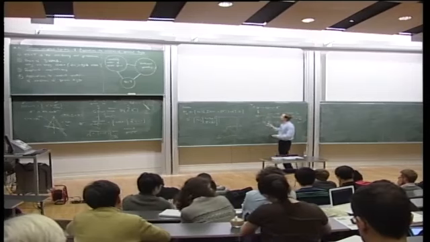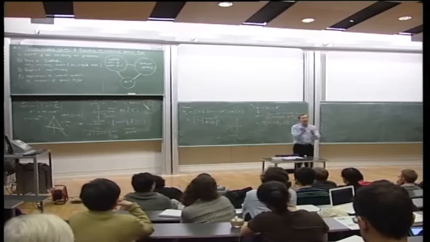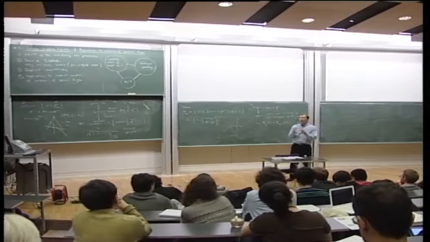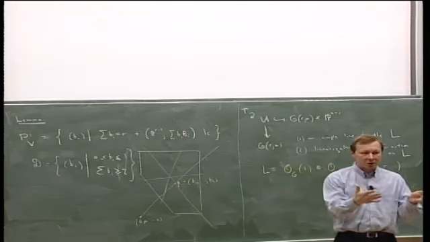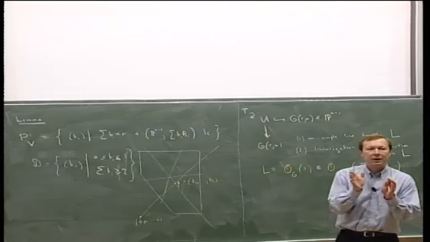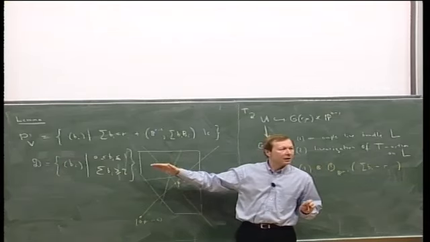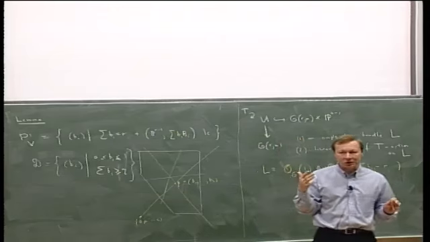Now, there is VGIT, so variation of GIT. So you change your data for the GIT, and your GIT quotients change. And that always gives a chamber decomposition in the setup of GIT. And if you're in the same chamber, then your GIT quotient is the same. And then as you cross a wall, the GIT quotient changes.